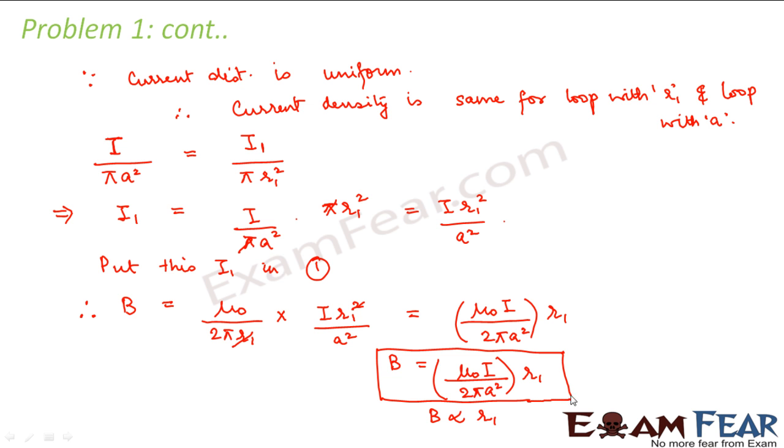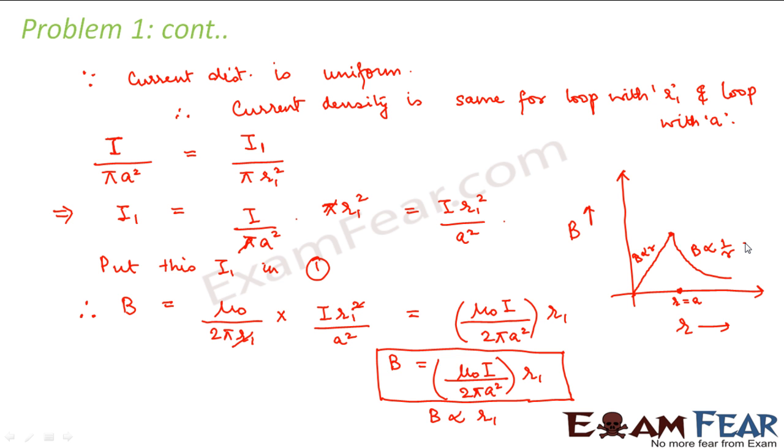For any region outside the cross-sectional area, the magnetic field was proportional to 1 by R. But inside, the magnetic field is directly proportional to R. If you plot a graph, let us say the y-axis represents the value of magnetic field and the x-axis represents the value of R, and this point represents R is equal to A. For values of R less than A, B is directly proportional to R. That means you will get an increasing graph because B is increasing with R. But once it becomes equal to A, beyond that it is inversely proportional to R. This is an important conclusion which you obtain from here.